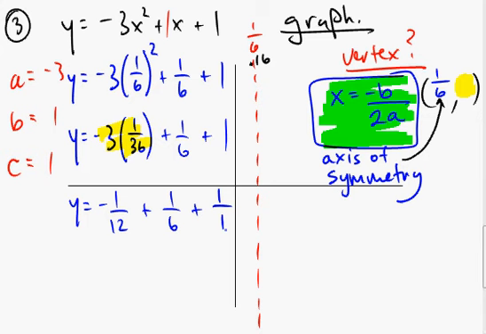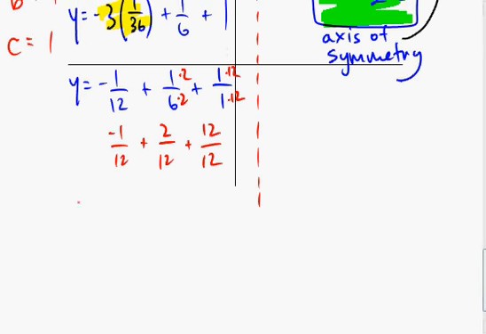We find a common denominator. Does anybody have an idea of what we can make the common denominator? Jose, looks like you have a plan here. What's the common denominator? Make them all 12. Okay, -1/12 plus 2/12 plus 12/12 means y equals how many 12s? 13 twelfths, or a positive 1 and 1/12.